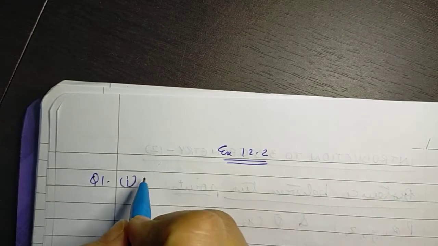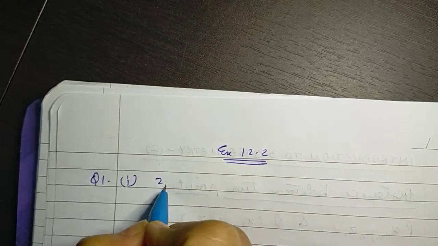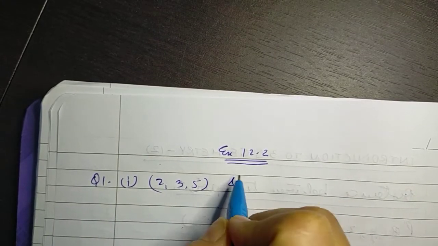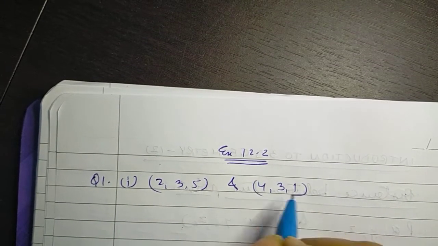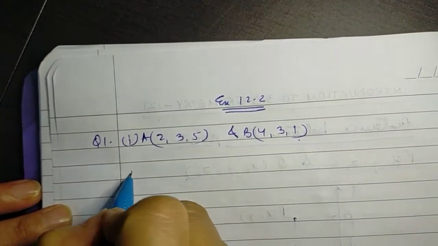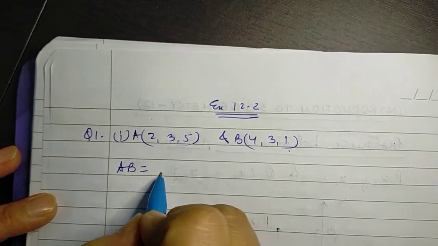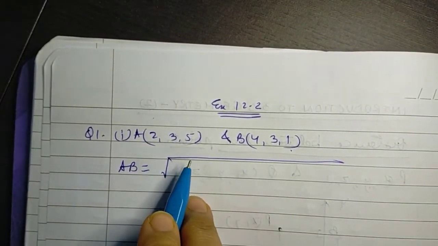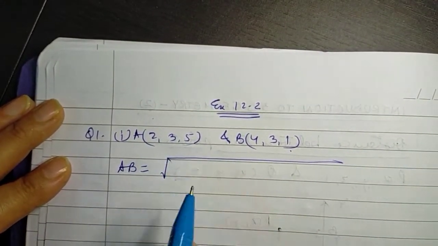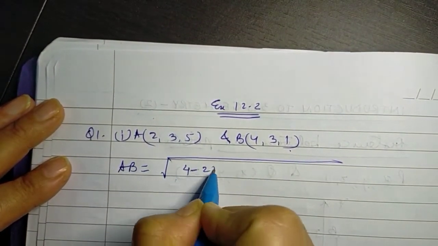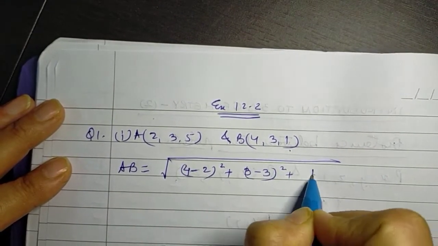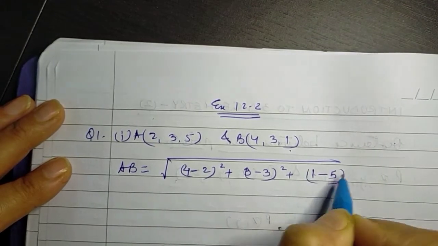Let's take up the first part. In this the 2 points have coordinates (2, 3, 5) and (4, 3, 1). Let us call them A and B. So the distance AB will be the square root of the sum of squares of the differences of each of the coordinates: x2 minus x1 whole square plus y2 minus y1 whole square plus z2 minus z1 whole square.